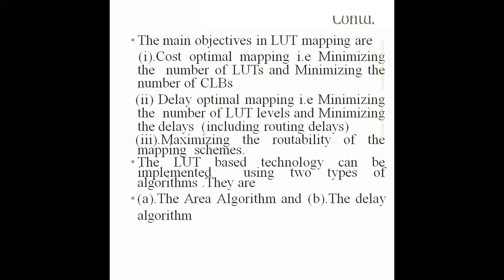Delay optimizing mapping, that is minimizing the number of LUT levels and minimizing delay, including routing delay. For the CLBs we have to route from one CLB to another CLB, and the routing delay is reduced when we go for a lookup table. Maximizing the routability of the mapping scheme.